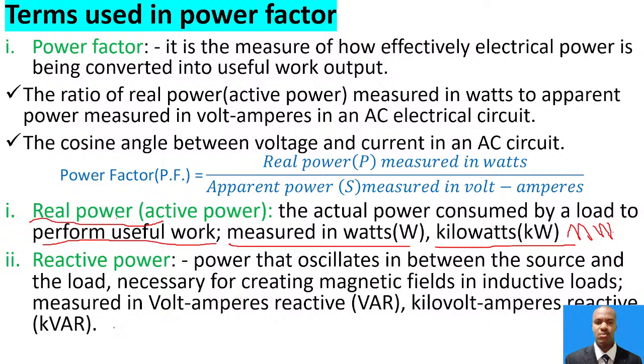Then the other very common term is reactive power in an AC circuit. This is simply the power that oscillates between the source and the load, flowing back and forth inside the circuit, and it is necessary for creating the magnetic fields required by inductive loads.